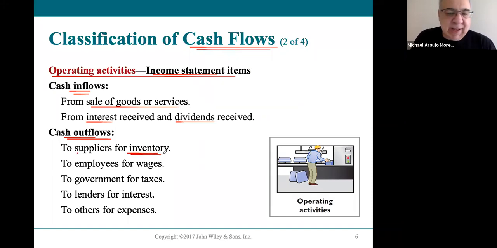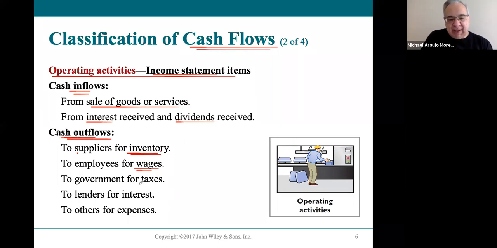Sometimes we pay cash for that. Sometimes we do it on account, but in essence, we need cash to pay those payables. So in essence, we will be paying for inventory. We're going to be paying for wages. Inventory ends up as a cost of goods sold expense, yes? We're going to be using cash to pay our employees for wages. That's going to end up being wages and salary expense.